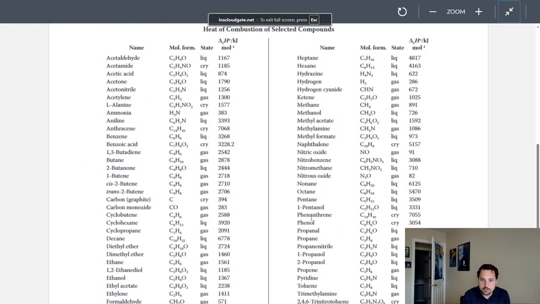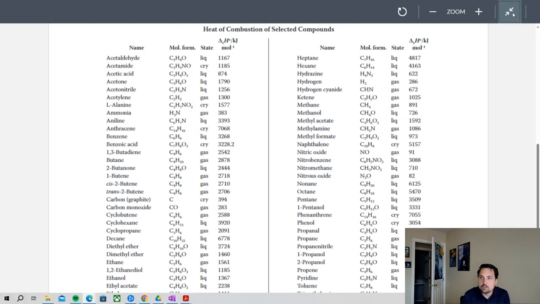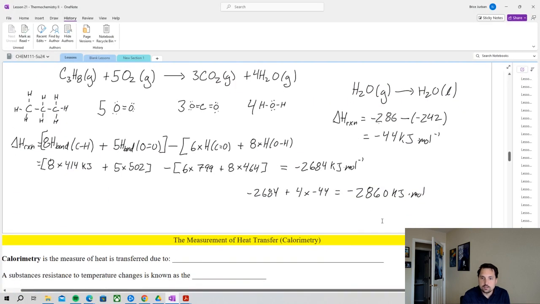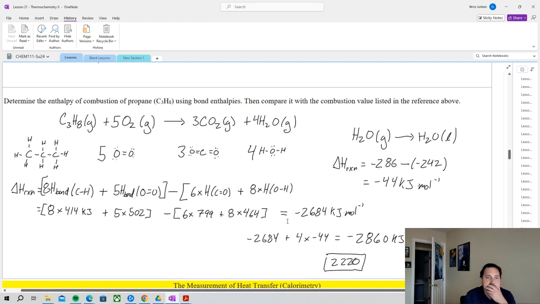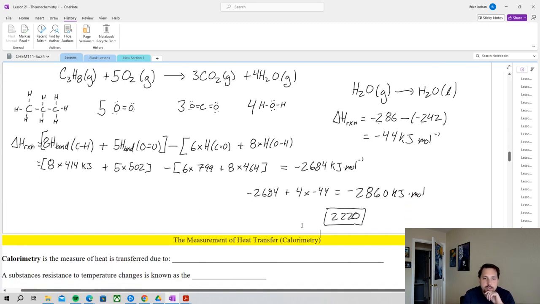Propane starts with a P. C3H8. 2,220. Huh. Well, this is an estimate using bond enthalpies, so it could be off.